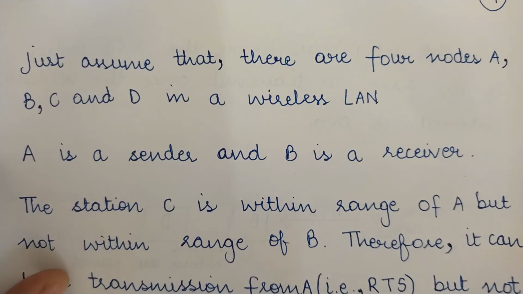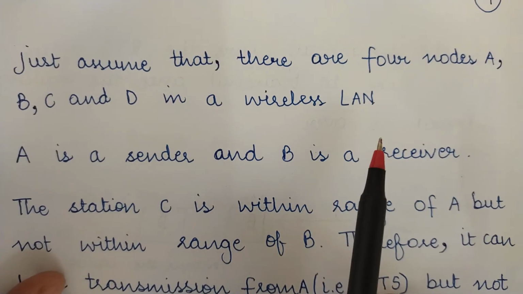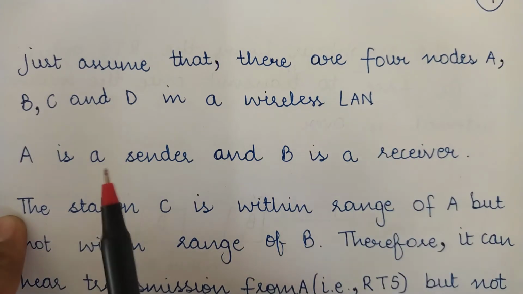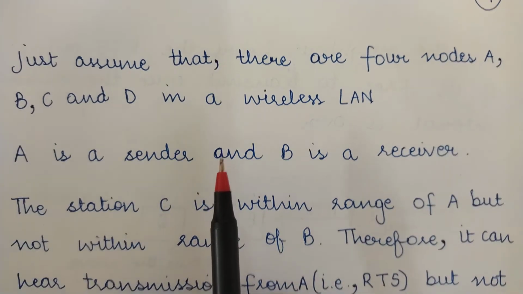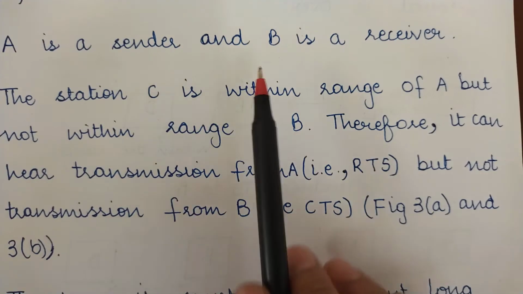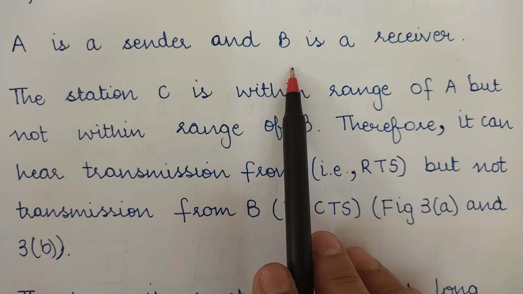Now just assume that there are four nodes named A, B, C and D in a wireless LAN. A is the sender and B is the receiver.